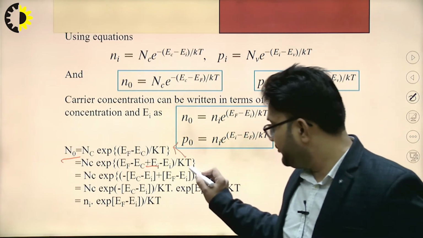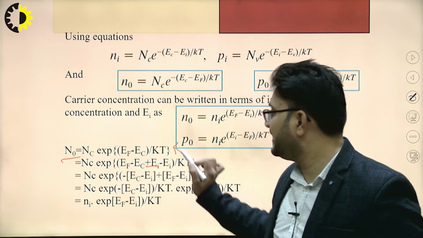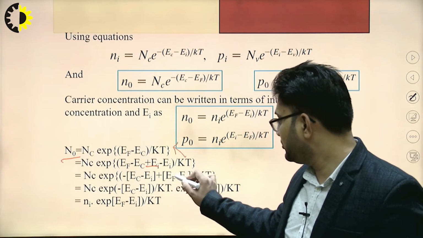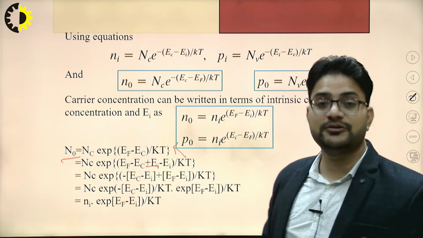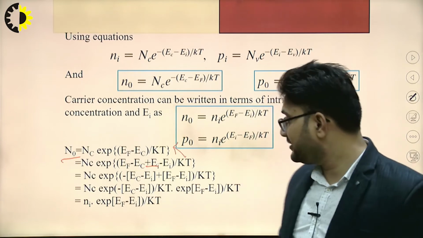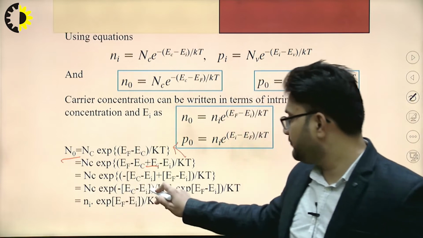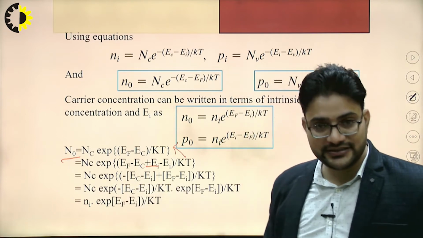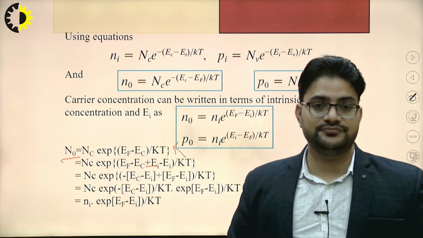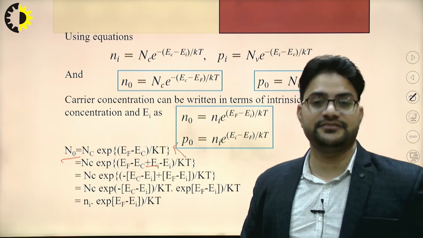So we can take Ec minus Ei in one bracket, and Ef minus Ei in another bracket. We can separate these two. If we separate these two, what I will get is Nc exponential of minus Ec minus Ei divided by Kt. Now if the base is the same, then the exponents will be multiplied.